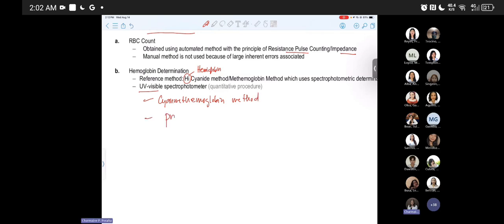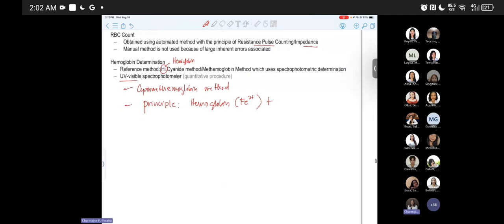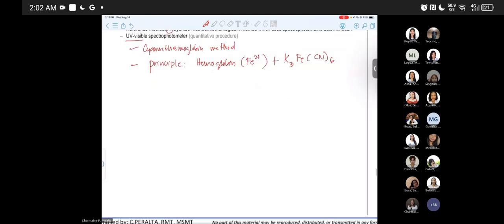So ang principle nito, ang hemoglobin na merong ferrous ion plus potassium ferricyanide, magiging methemoglobin.